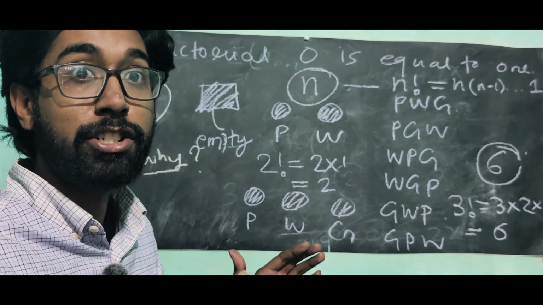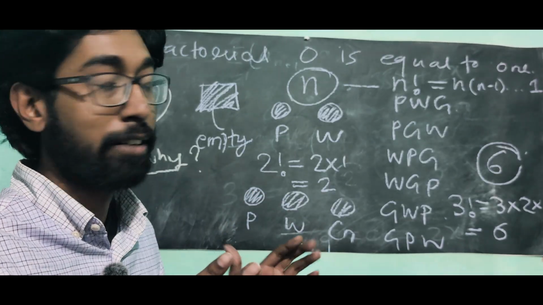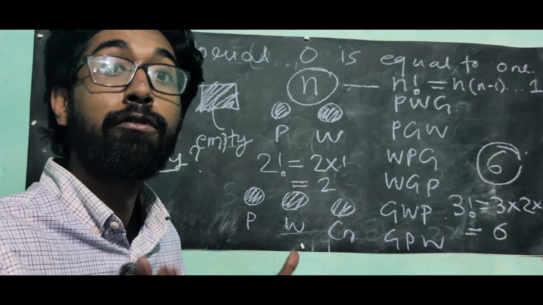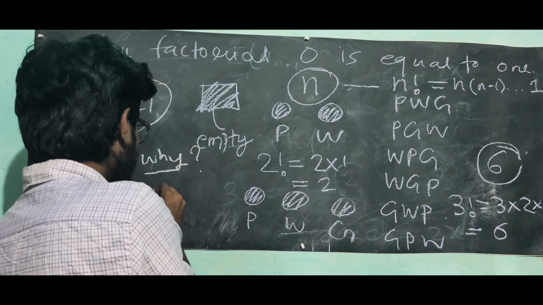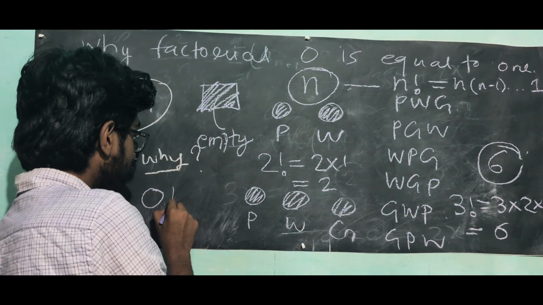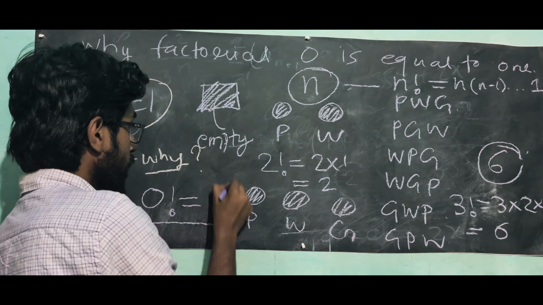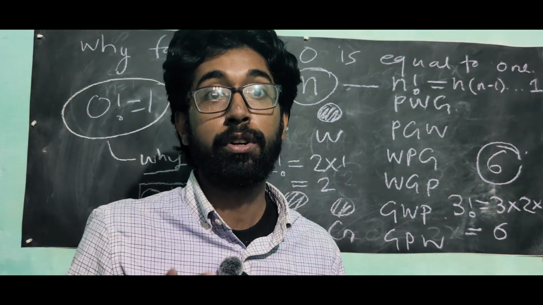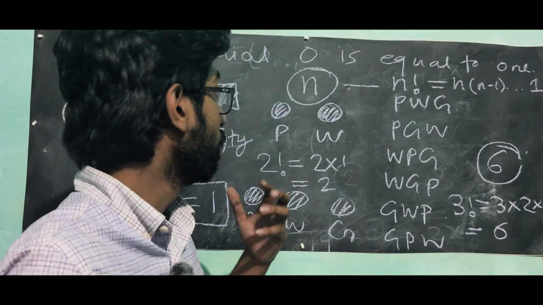So emptiness can be arranged one way. So I can say that emptiness, which I can express by 0 factorial, can be arranged one way. This is the intuitive approach to why factorial 0 is equal to 1.